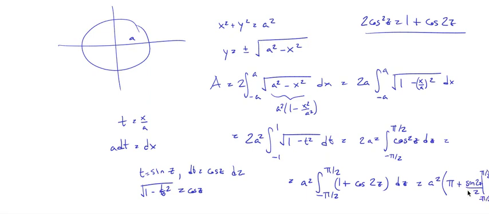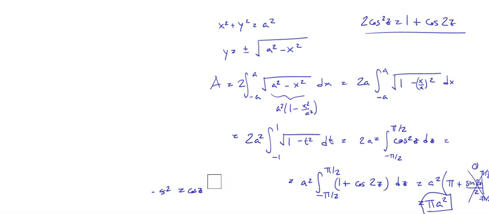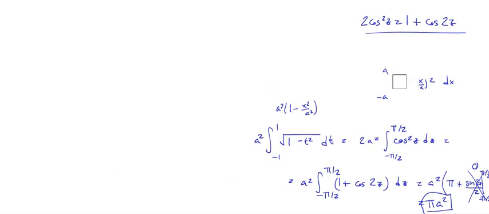But now this integral, you know, the sine is an odd function, and it's being integrated around a symmetric interval around 0, so this is going to be 0, and so we're left with pi times a squared, which is the radius, which is the formula for the area that we all know. Okay, so let me erase this, and let's end the video with just one more integration trick.